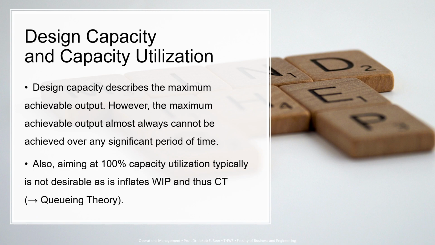And as you can imagine, if a queue grows in size, then also the cycle time grows, or the lead time actually grows, because we have waiting time. Any unit that waits in a queue accumulates waiting time. So as we approach high capacity utilization, we very often create extremely long lead times. And we talk about this in greater detail once we talk about queuing theory.